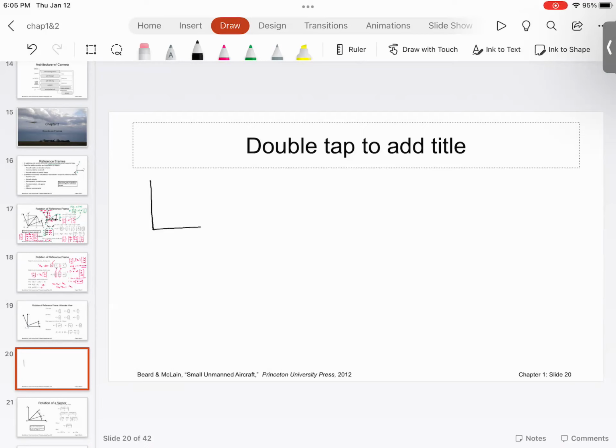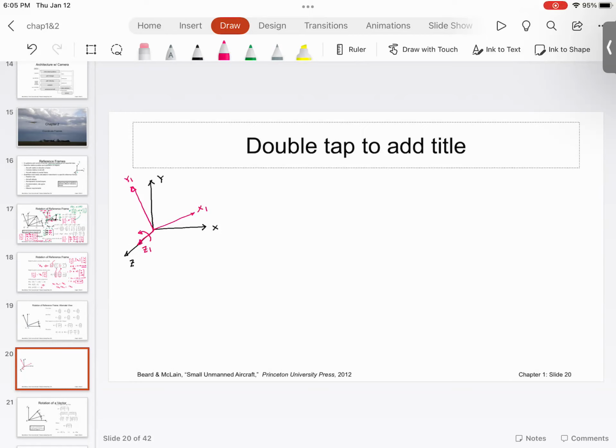So we have X, we have Y, we have Z. Now the rotated coordinate frame is X1, Y1, and Z1.